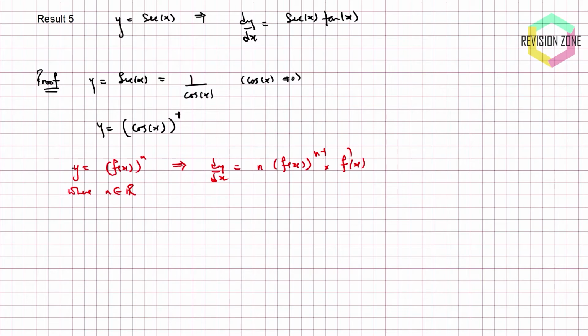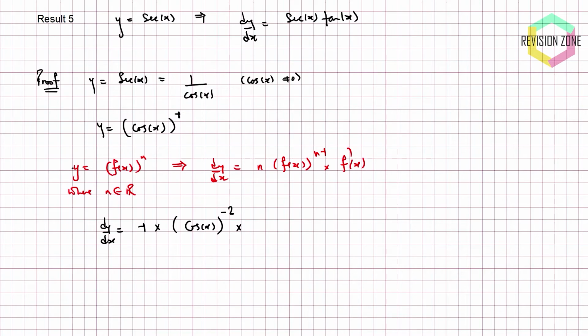So we're going to use this result in red, and going back to our function in black. The function is cos x and n is minus 1. So when I differentiate the function, I get dy by dx. First of all, I've got to write down my n. My n is minus 1. Then I've got to multiply by the function, which is cos x to the power 1 less than what I started with. So I started with minus 1, so I'm going to end up with minus 2. And then I have to finally multiply by the derivative of my function.